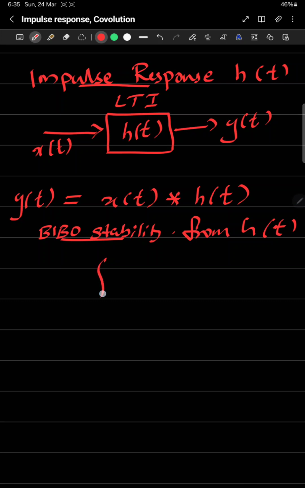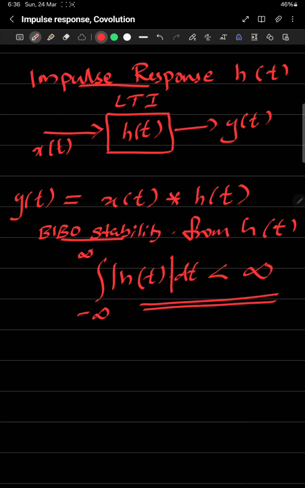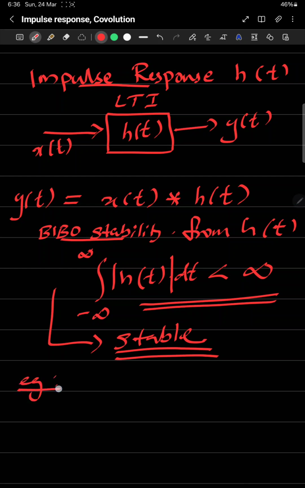If the integral from minus infinity to plus infinity of mod h of t dt is less than infinity, that means if h of t is absolutely integrable, then you can say that the system will be stable. If this condition is satisfied, the system will be stable. This is how you can check for stability using impulse response.